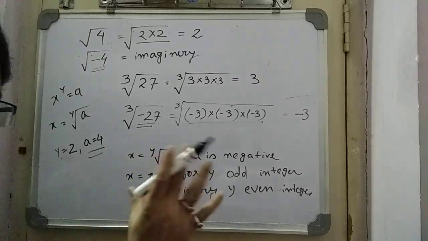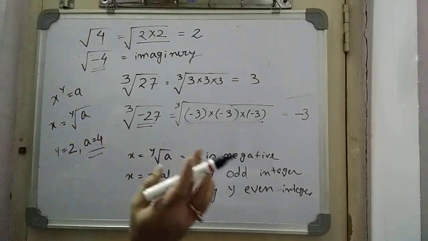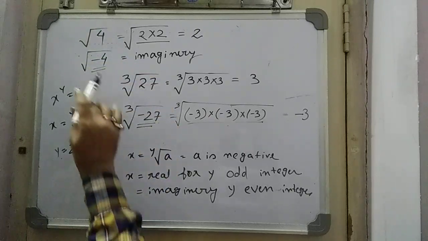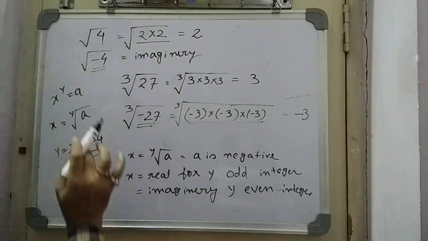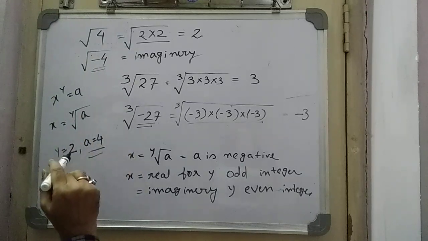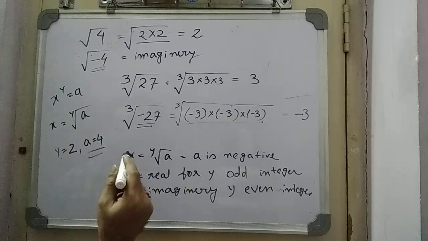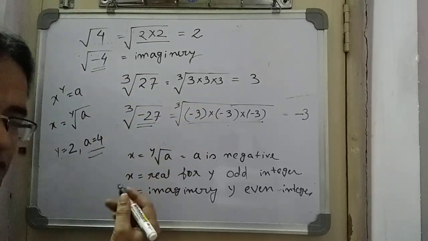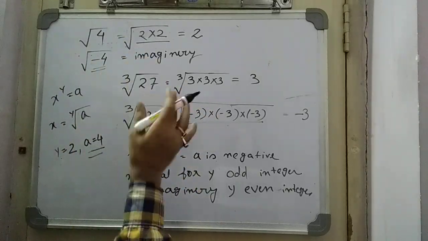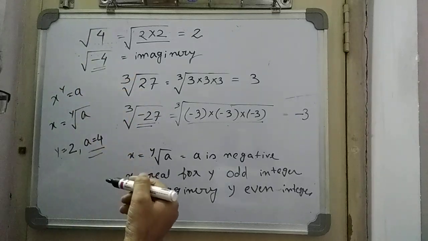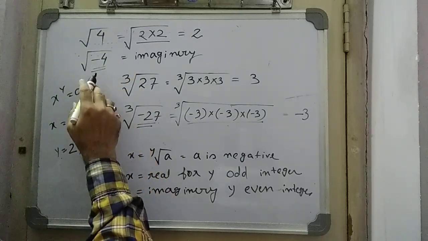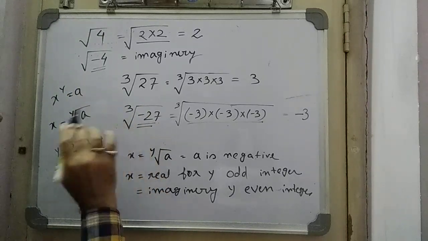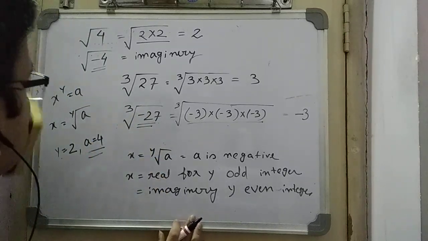So this is the basic difference between root and cube root, or any even number and any odd number. For the yth root of a, when y is even, the root of a negative number does not exist. But for odd y, it will always exist.